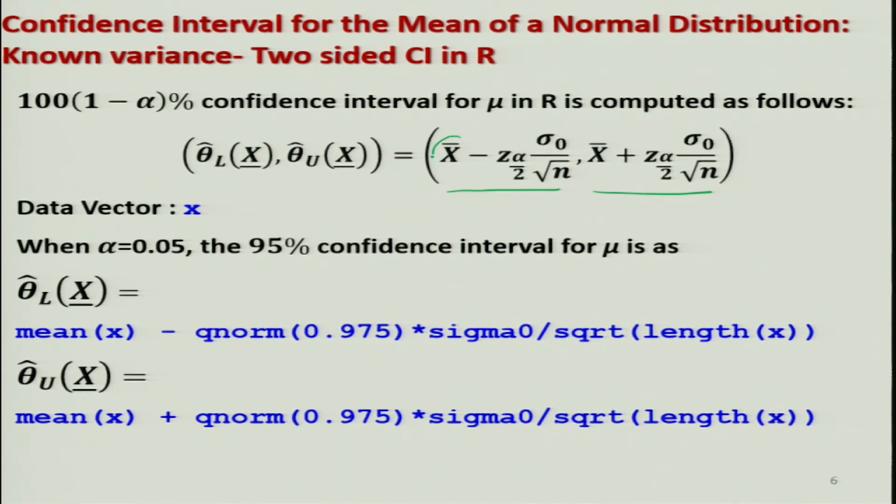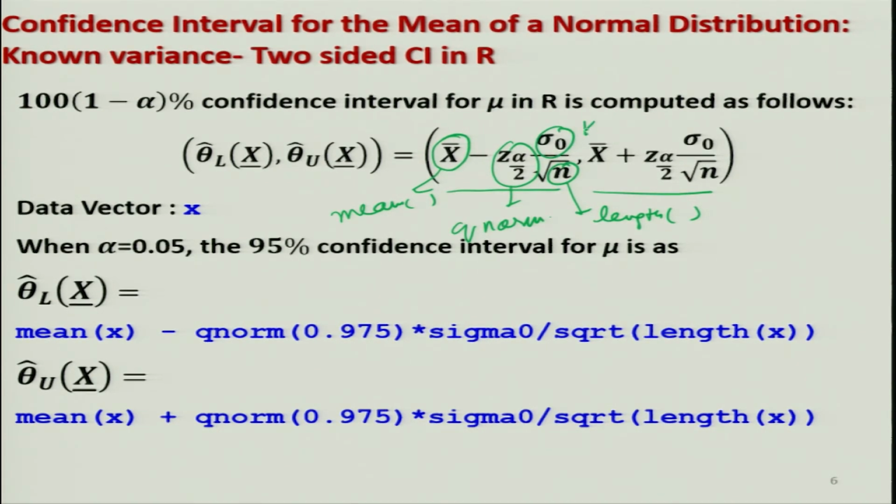For example, this can be obtained by here mean, and this z alpha by 2 can be obtained by here q norm that you have used when you did the normal distribution. And this here n is here the number of observation. So, this can be obtained as the length of the data vector and sigma 0 is known.